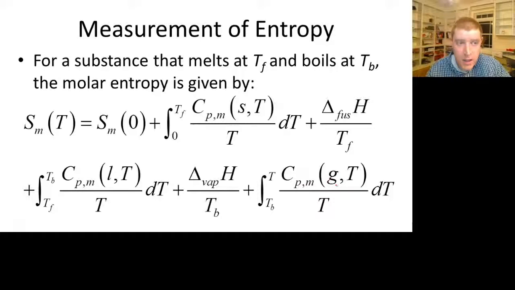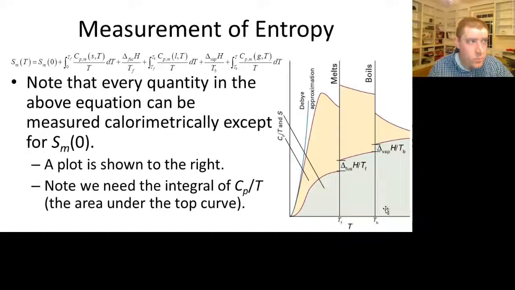Now here G means the gas at the temperature that we're looking at, divided by the temperature that we're looking at, dT. Right? So that's a giant equation with 3 different integrals in it. And so again, up here I have that equation all on one line.